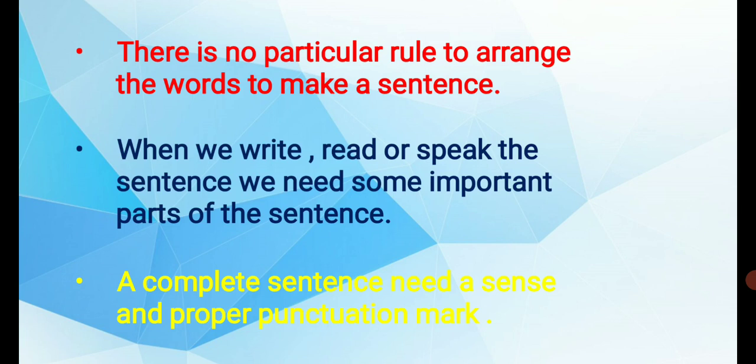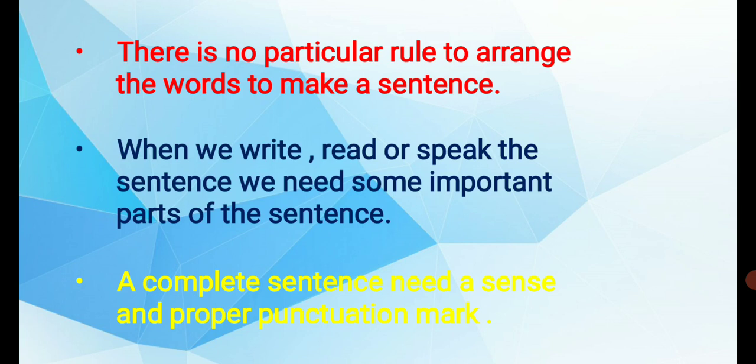We already learnt the punctuation marks in our previous lesson, right? What is a punctuation mark, why we use punctuation marks, which punctuation mark we use in different cases, right? We already learnt about it in our previous lesson. It also helps us to make a sensible, grammatically correct sentence.